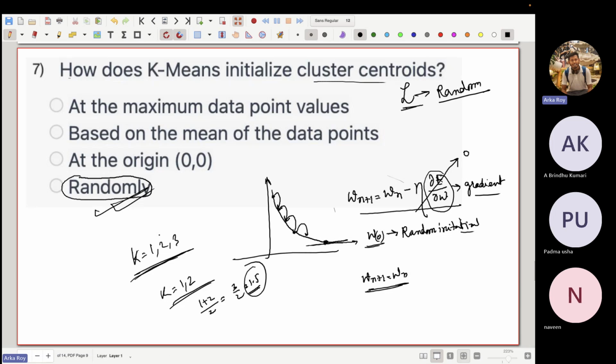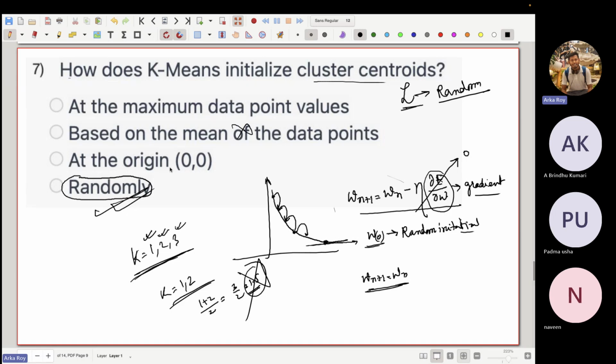You are getting an arbitrary label 1.5, but data labels are integers only. As you can see, cluster 1, cluster 2, cluster 3. You cannot say that you are creating cluster 1.5. This should be a categorical or integer variable. Therefore, the mean of the data points is also incorrect.